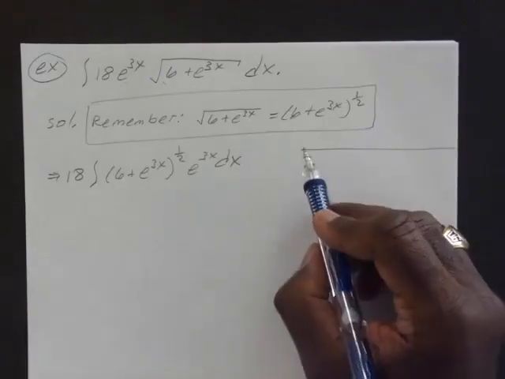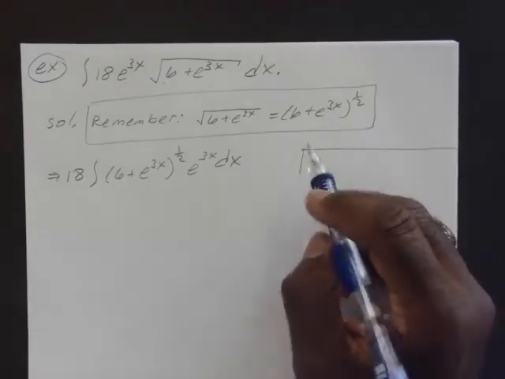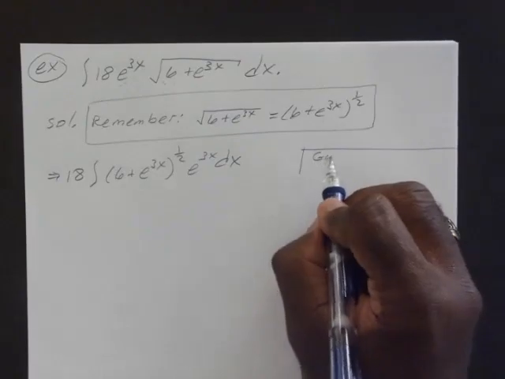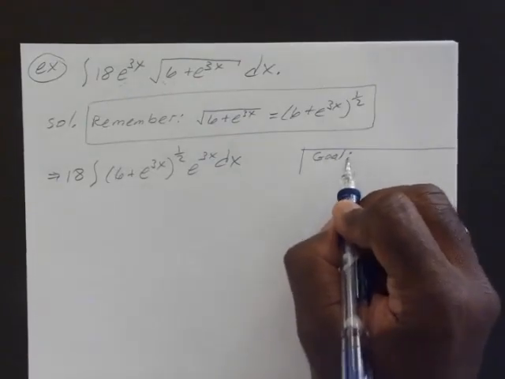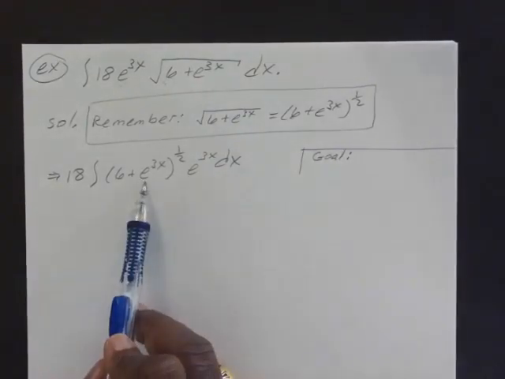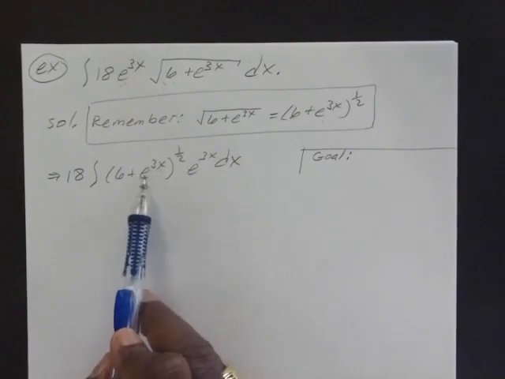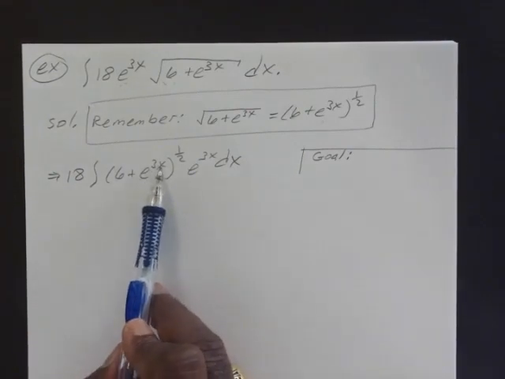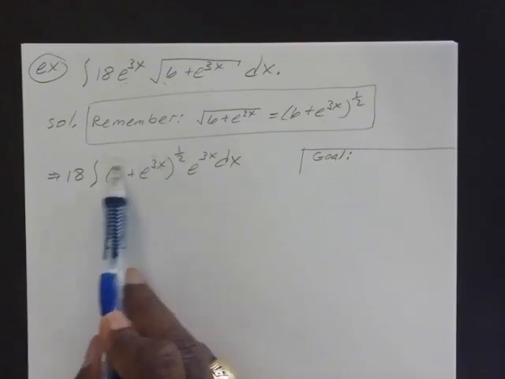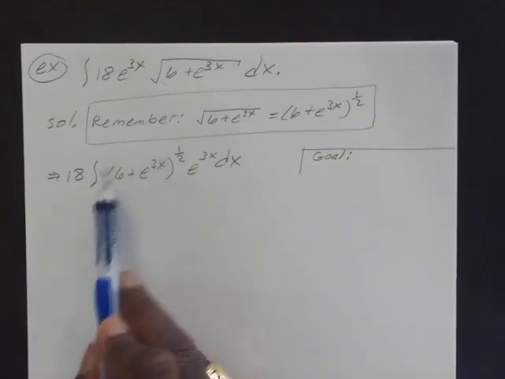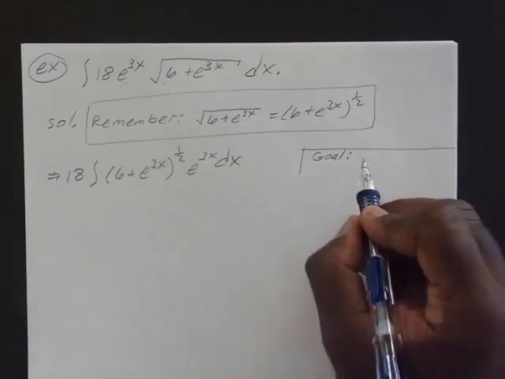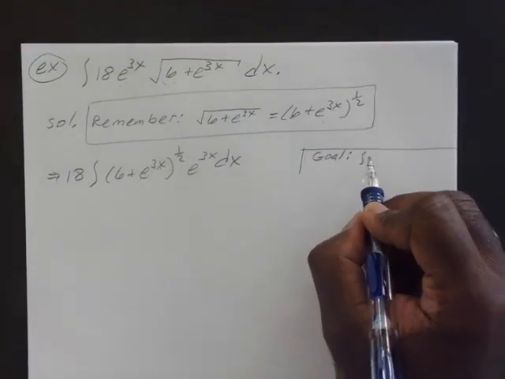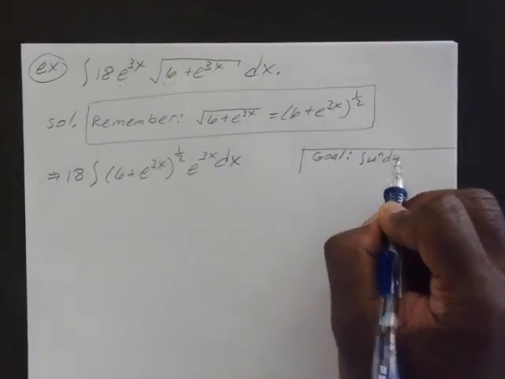Okay, so remember the goal for this one, even though it has an e to the power of 3x, that's in a 1/2 or square root. So here it's just u to the power of n du.